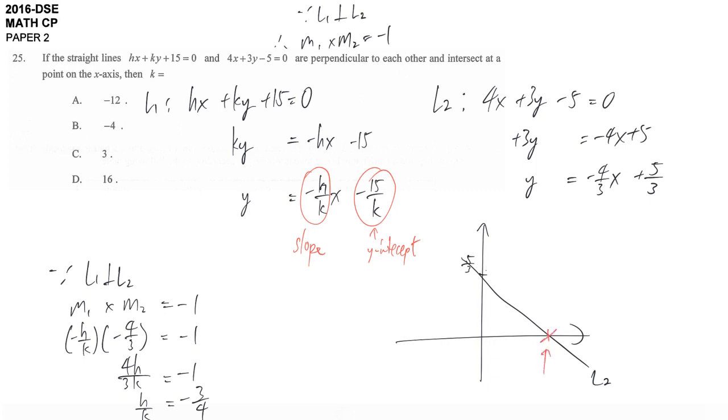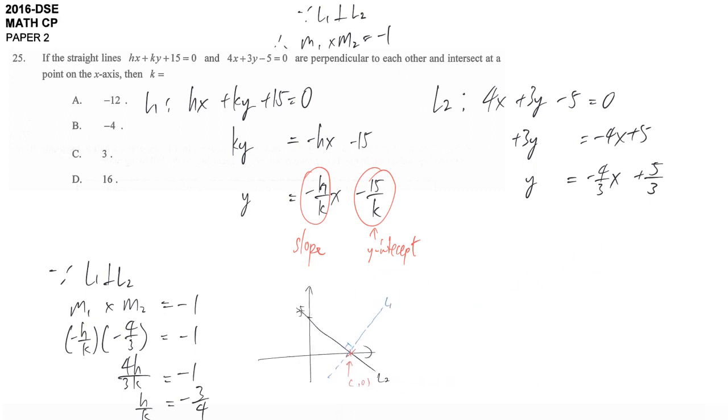We have to find this point first, and then L1 is perpendicular to this. Then we can find k afterward. We focus on L2, so we continue to use the equation of L2. We consider the specific case of the x-intercept, that means y equals 0.